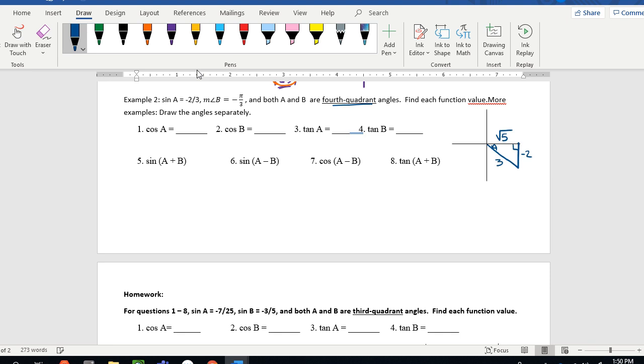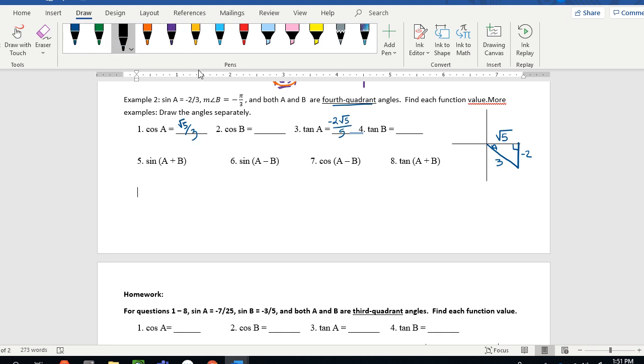Now, that means cosine of A is going to be the square root of 5 over 3. Do I have another cosine of A or tangent of A? Tangent of A is going to be -2 over the root of 5. So rationalizing, -2 root 5 over 5. Okay, I've rationalized. If you don't know how to do that, you need to see me separately.